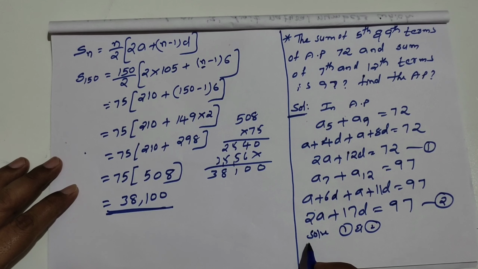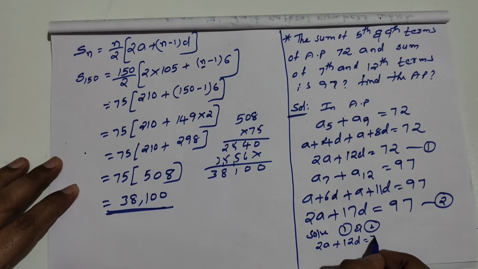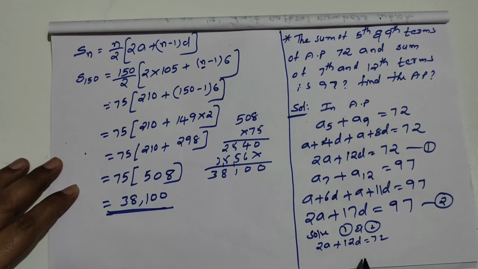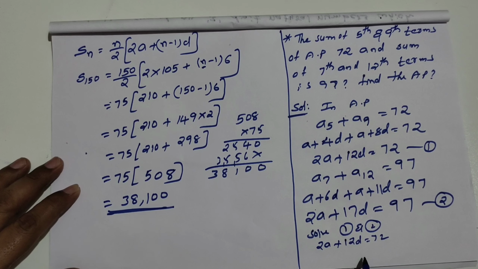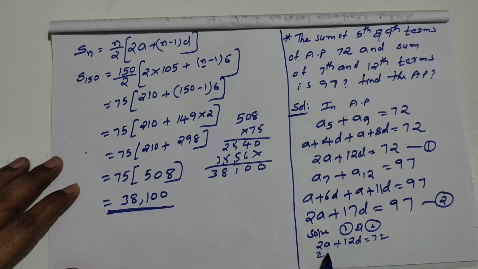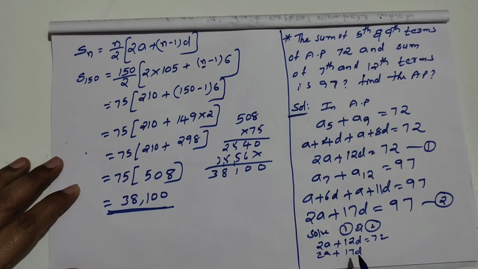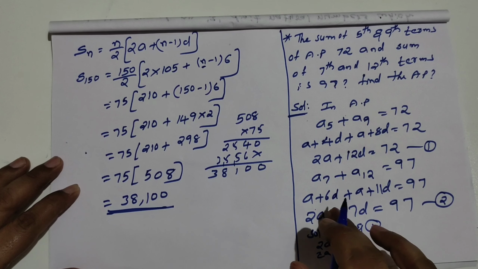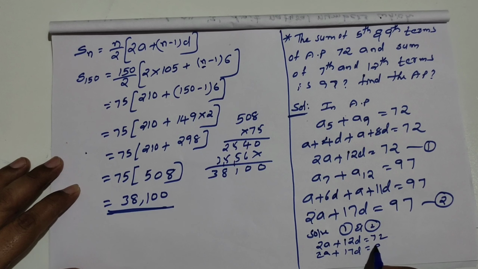So we get 2a plus 12d equal to 72 and 2a plus 17d equal to 97.